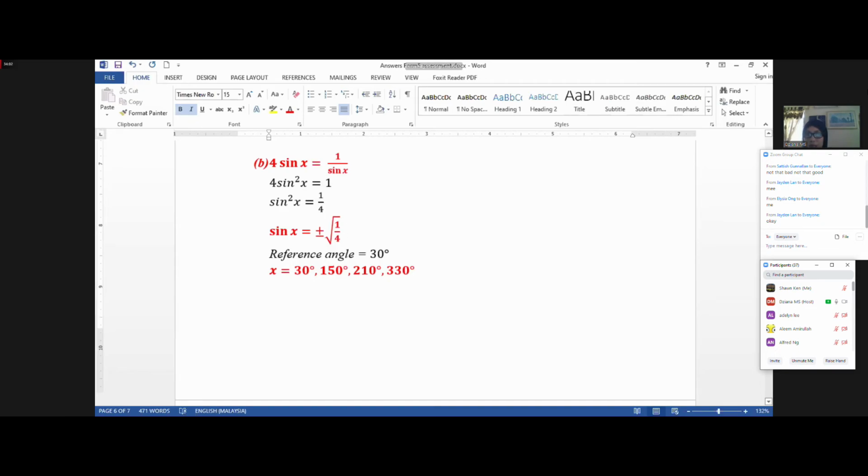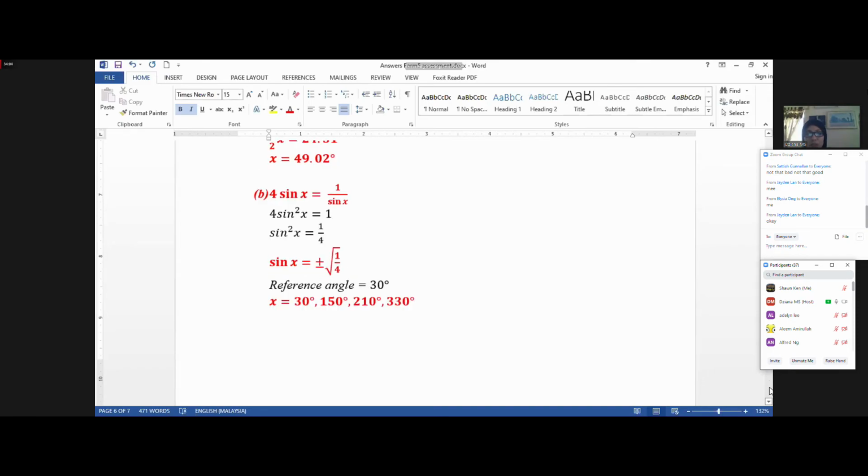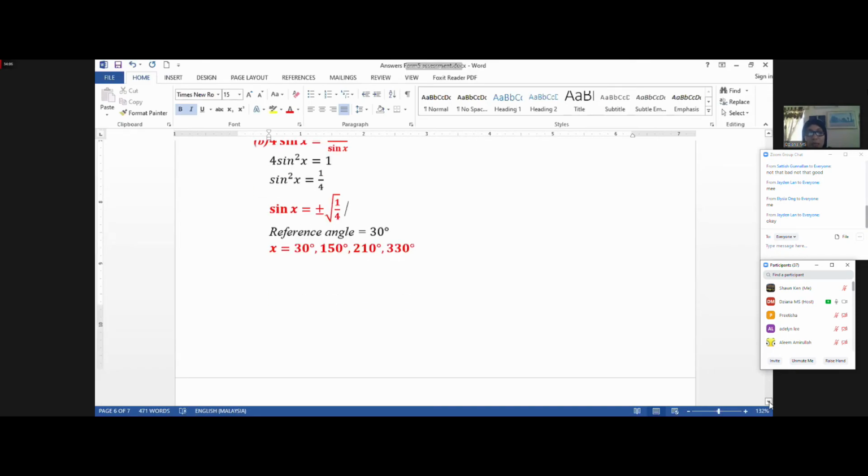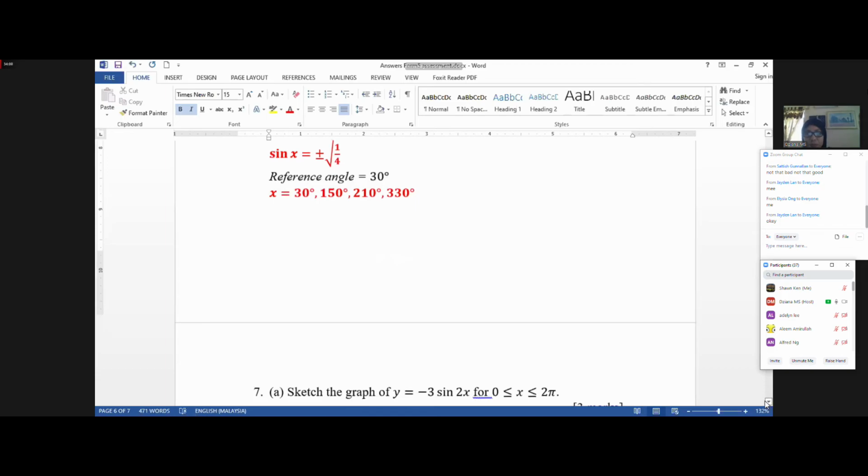Okay, now for the last question, number 7. If you must know by now what is the difference between draw and sketch. Draw, you must use graph paper, but sketch, no need to use graph paper.